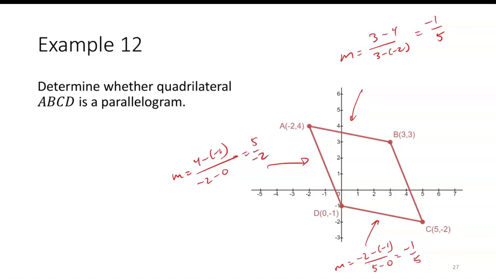And for the right side, the difference of the y values, 3 minus negative 2, is 5, and the x difference is 3 minus 5, and that comes out to be 5 over negative 2. So the left and right sides have the same slope. So is this a parallelogram? Yes, the opposite sides are parallel. So yes, it is a parallelogram.